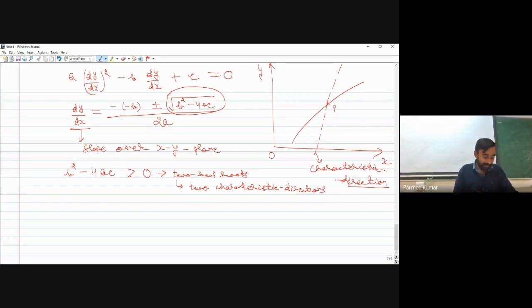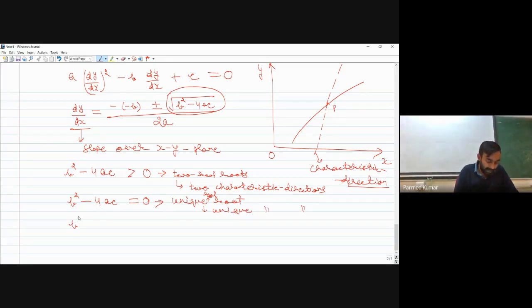Then if b square minus 4ac is equal to 0, we will only have a unique root, and that too will be real. So we will have a unique real root, and this will represent a unique characteristic direction.